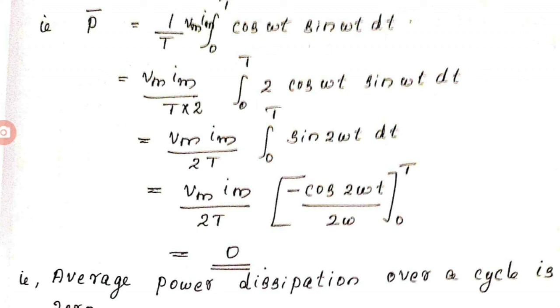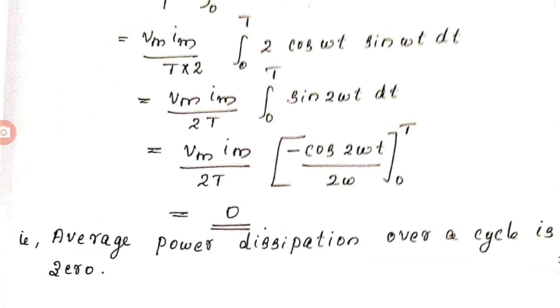We'll get the term within the bracket to be equal to 0, which means that the average power dissipation over a cycle when a capacitor is connected to an AC source is 0.